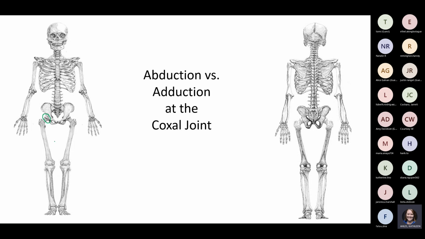When I talk about doing abduction, my femur goes up. Abduction, we're pulling it away from the middle of the body. In adduction, we're adding it back to the middle. Adduction, we move it back toward the middle.